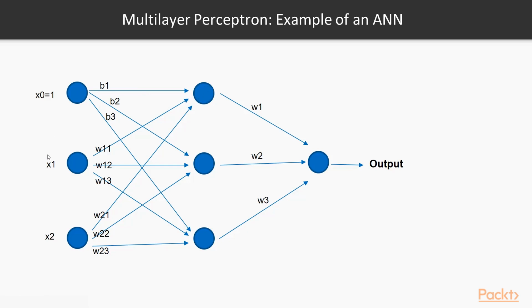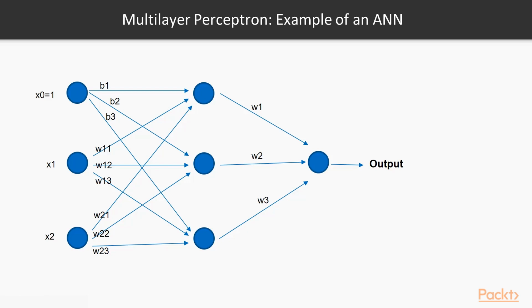Now the value of x1 gets multiplied by some weight, and this goes as input for this neuron, and the same happens with the value of x2, it gets multiplied by one weight, and then it goes to this first neuron in our hidden layer. The same happens with these other 2 neurons, and then the result of this is used as an input for the last perceptron in our network. This will give us the output of our network.